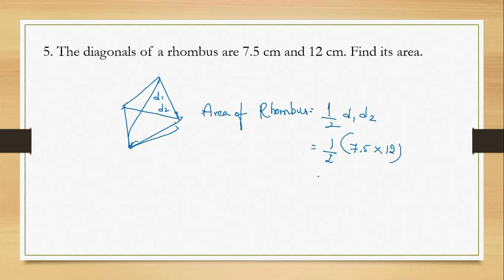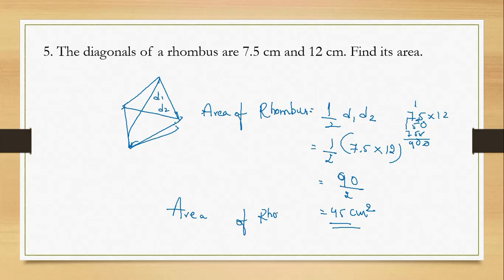Okay, so 2 5s are 10, 2 7s are 14, 15, 75, 0, 0, 900. The value is 90. We shift the point here, 90 by 2, that is 45 centimeter square is the answer for the area of rhombus.